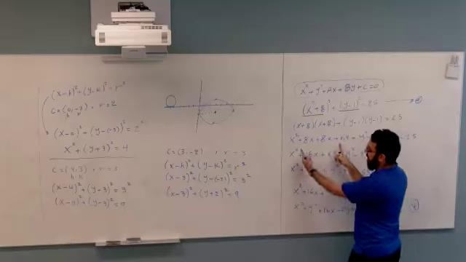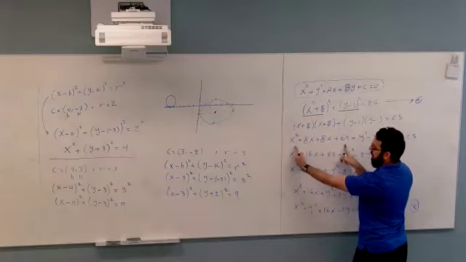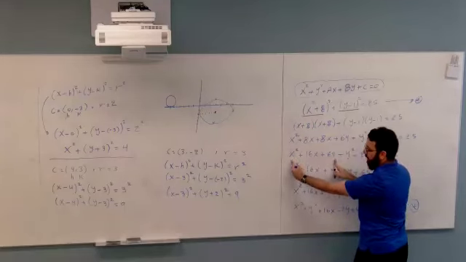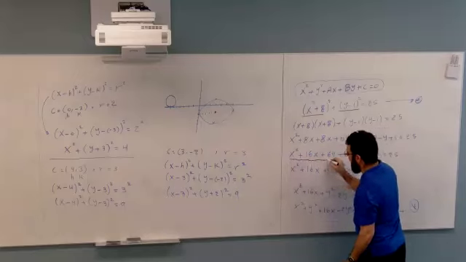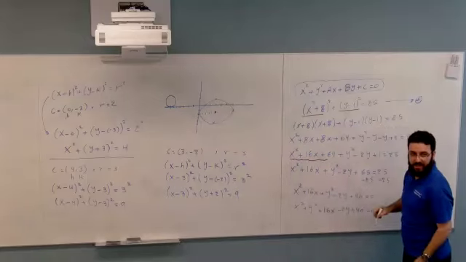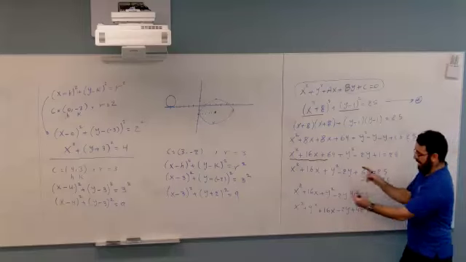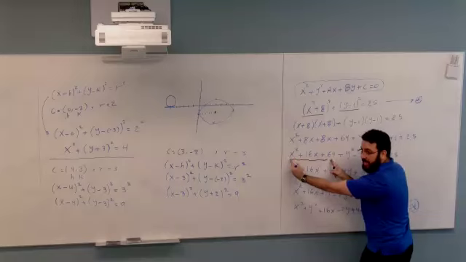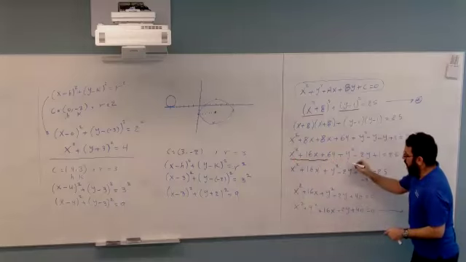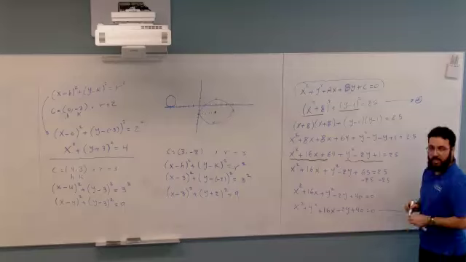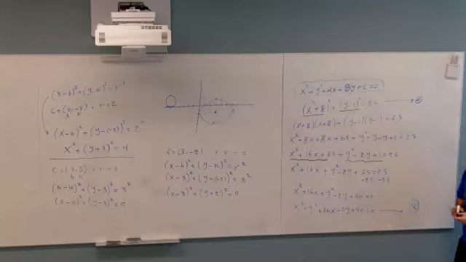But check here what happened when you FOIL it here. What's this? Quadratic equations, and this one is quadratic, right? The same thing, right?